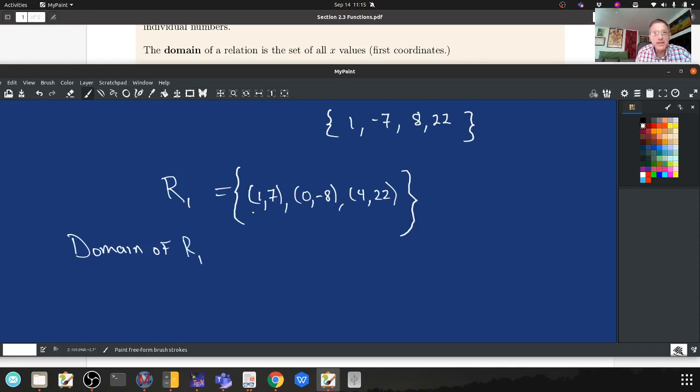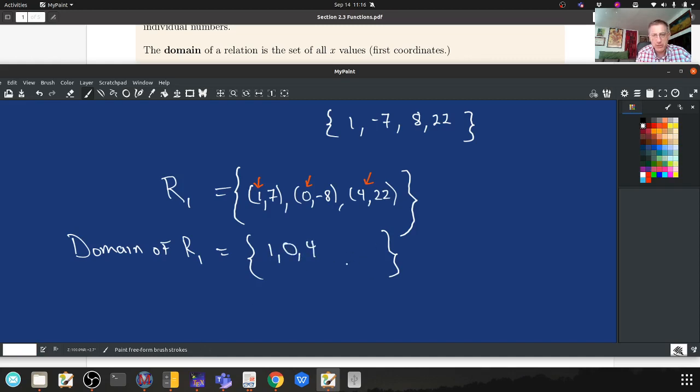Well, it's the set of all of the x values. Since the relation is so small, R1, we can just identify all of the x values. That's the first coordinates. And hence, the domain of R1 is 1, 0, and 4.